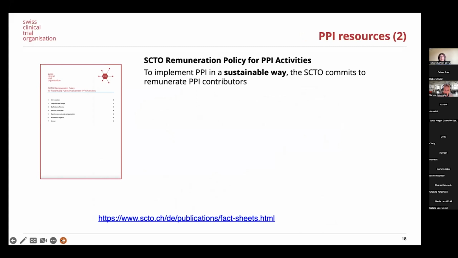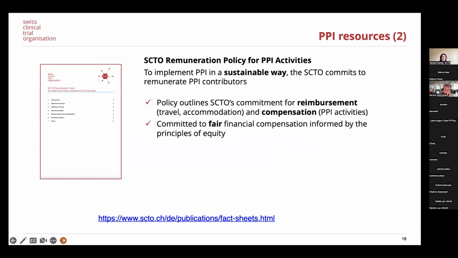To implement PPI in a sustainable way, we also commit to remunerate PPI contributors. For that, we have the SCTU remuneration policy for PPI activities. This policy outlines our commitment to reimbursement of expenses, such as travel or accommodation, as well as compensation for PPI activities.